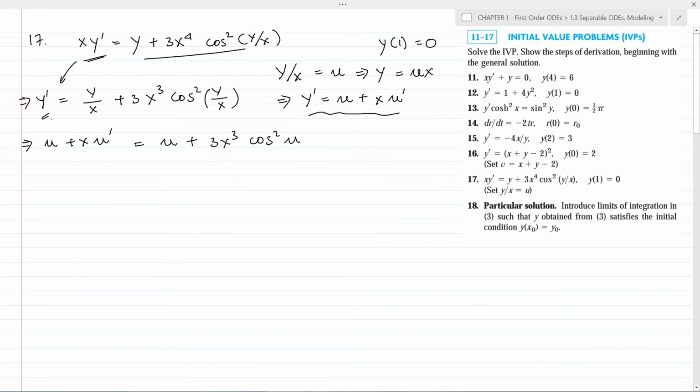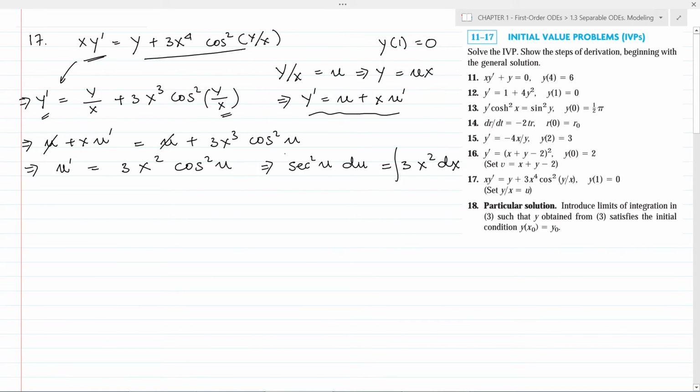We have replaced y' with u + x u' and y/x with u. These u terms cancel out. This can be written as u' = 3x² cos² u. We take all the u terms to the left side and this can be written as sec² u du = 3x² dx.